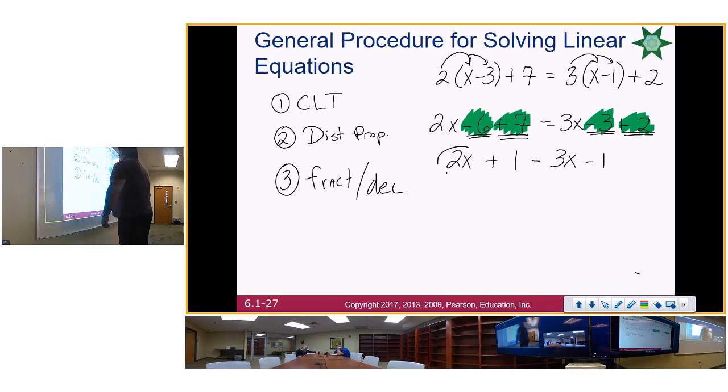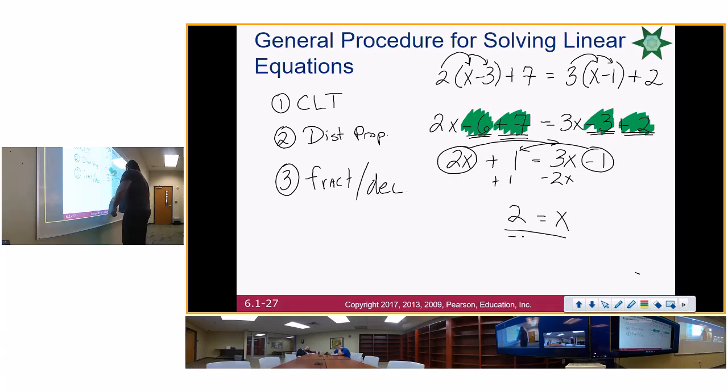I'm going to bring this 2x over across the river and bring this 1 across the river, and x is equal to what? 2. Now go ahead and somebody say something about what I just did.